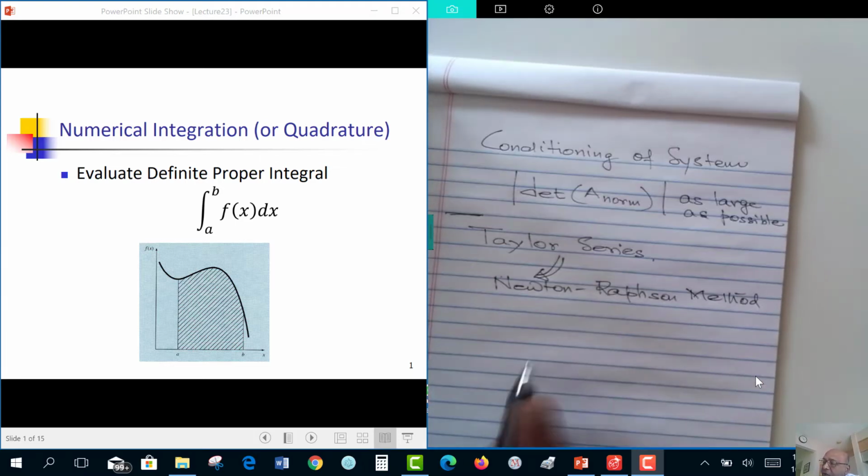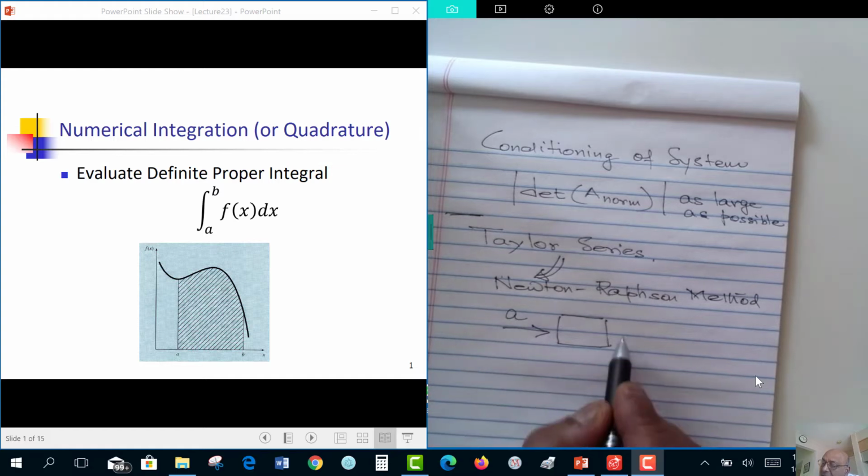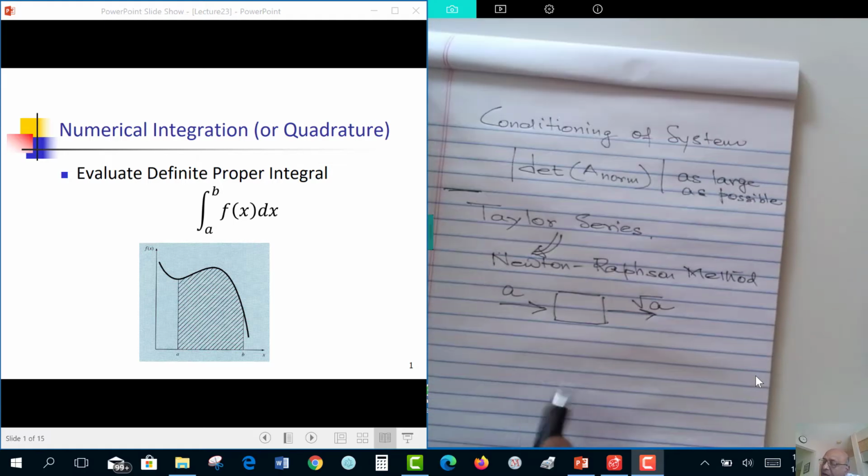And again, here I want to emphasize, we did a very simple example. We said we are feeding in A, and our method gives us the square root of A. So here was our function.